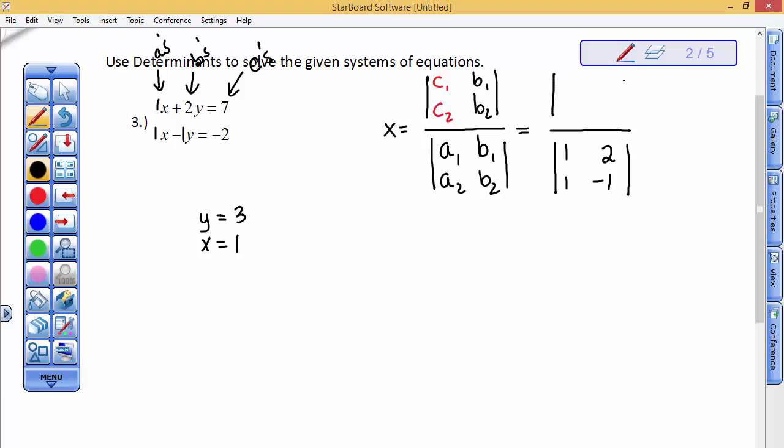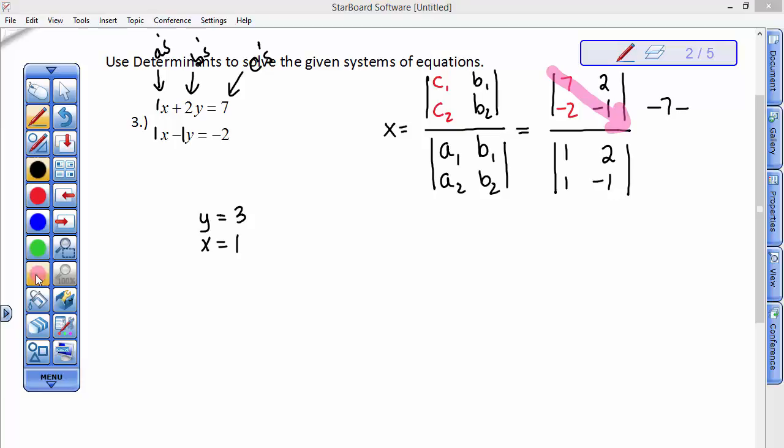So see the 2 and the -1, I just bring it up. And when I'm solving for x, the first column is these c values. So the c's are a 7 and a -2. I'm now going to take the cross product, and I'm going to say this in my head. That product is a -7, and I'm going to subtract that product, which is a -4.